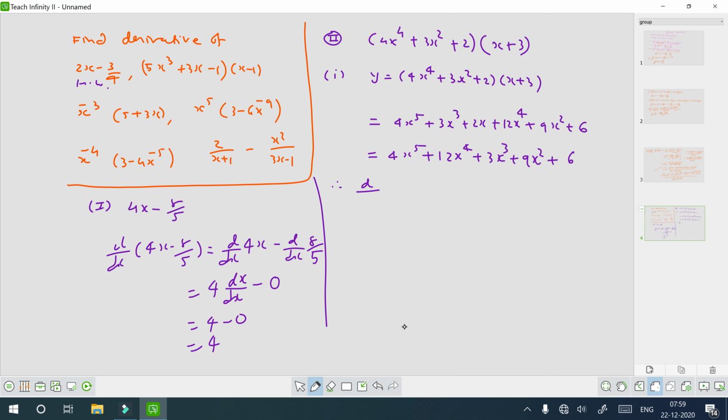આ રીતે હવે d by dx of y that is dy by dx, બંને બાજુ ડિફરન્શિએશન કરીએ with respect to x. બસ હવે આપી દો ટર્મ બાય ટર્મ ડિફરન્શિએશન.